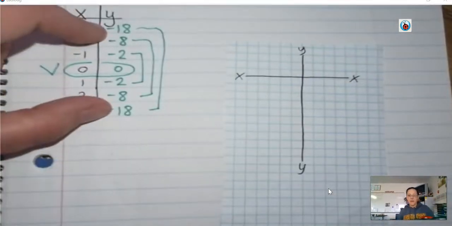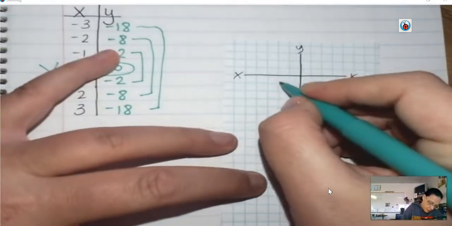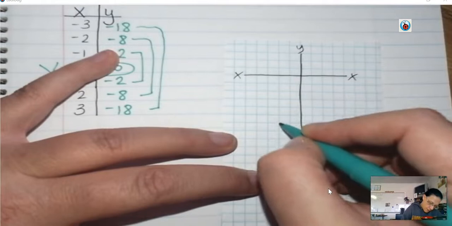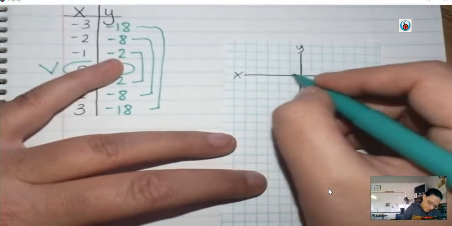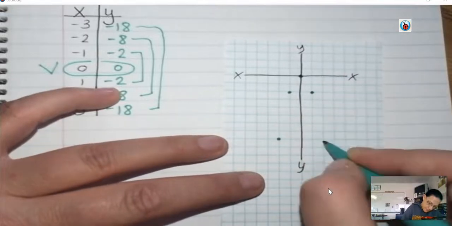Okay, I wouldn't do the negative 18s, but do the rest of them. Negative 2, 1, 2. And then connect them with a smooth curve.